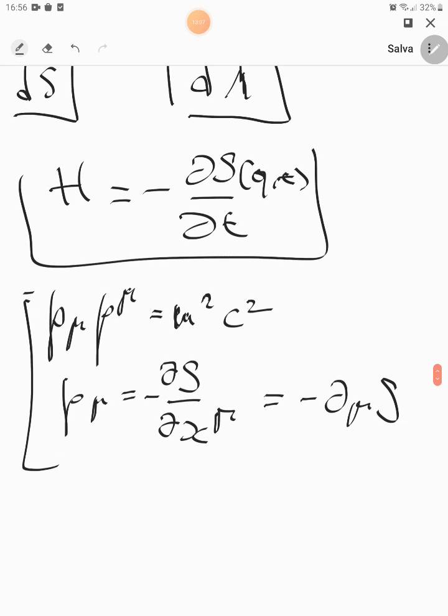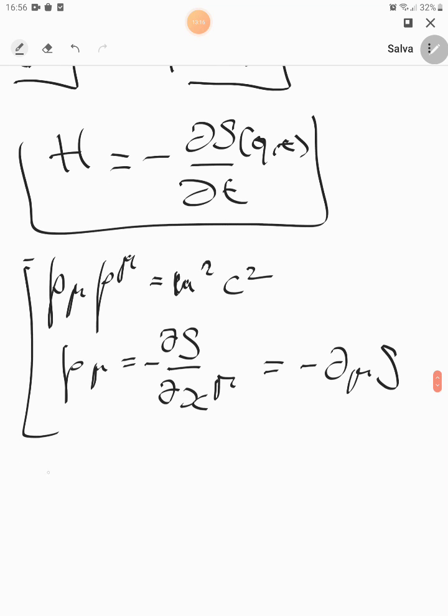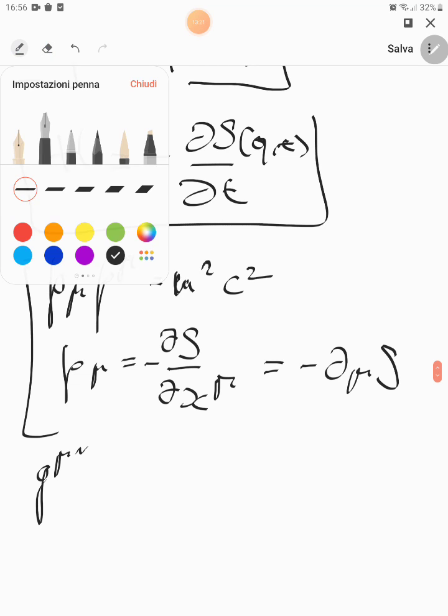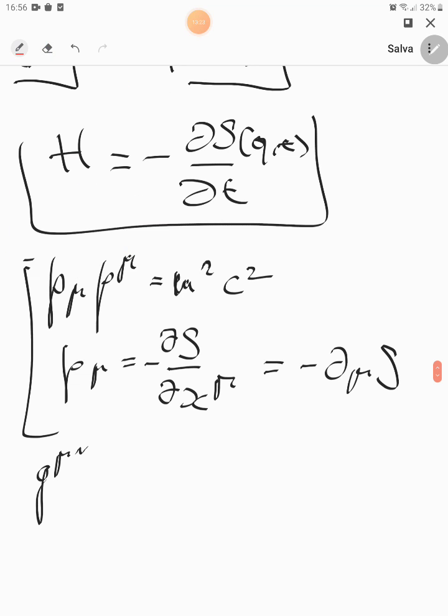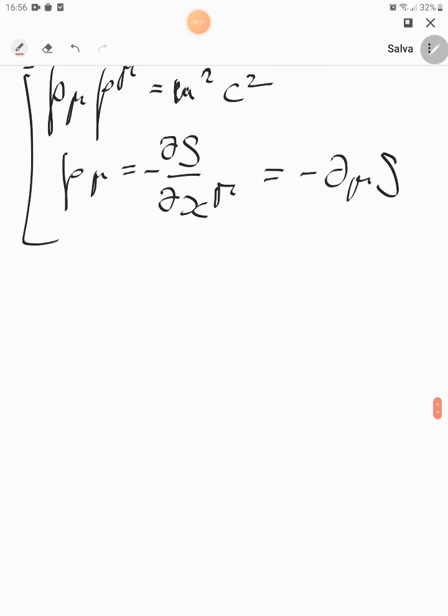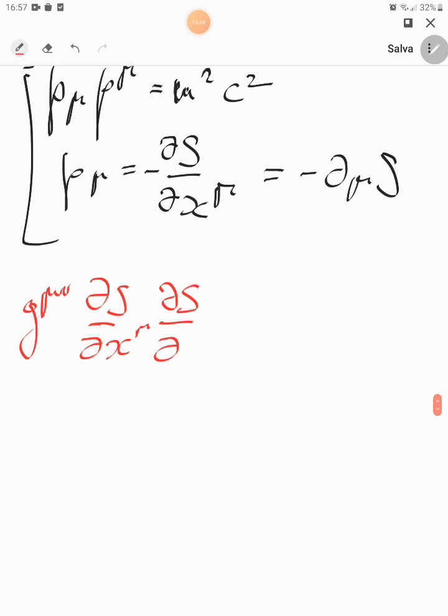Thanks to this information, we can write the Hamilton-Jacobi equation in general relativity in another way: g mu nu times the derivative of S with respect to x mu and x nu, minus m squared c squared, is equal to 0.